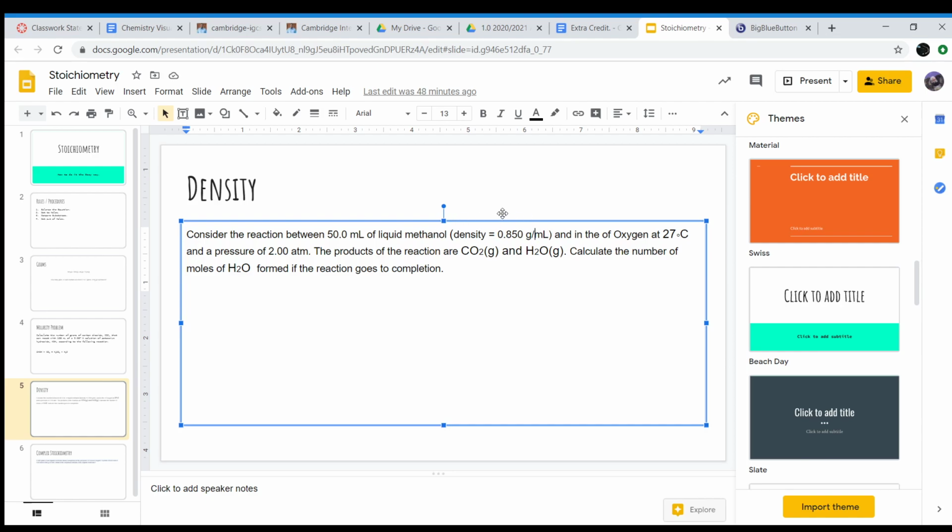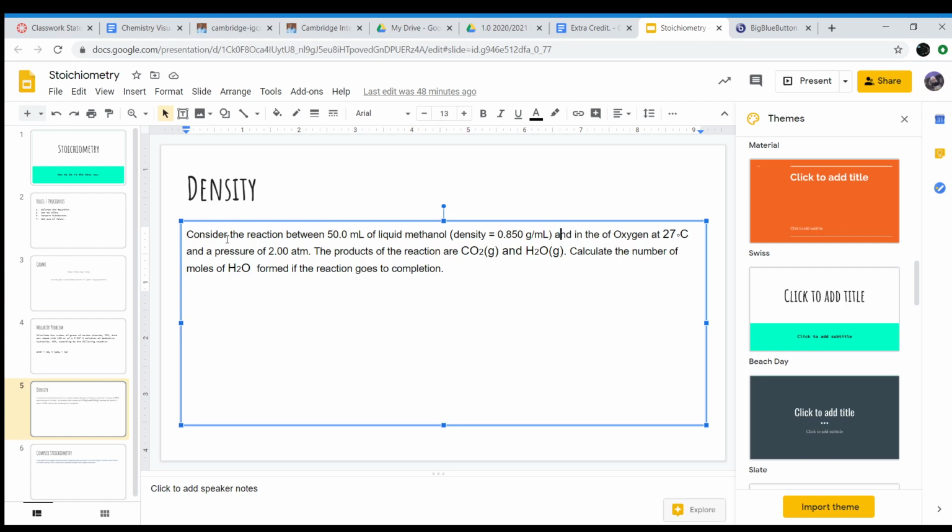Now, we don't know how to convert density directly to moles, but we do know how to convert grams to moles, okay? So in this case, we're going to have to get it to grams first, and then from grams we can convert it to moles. So we're just relating this amount that we have and getting it back to moles.